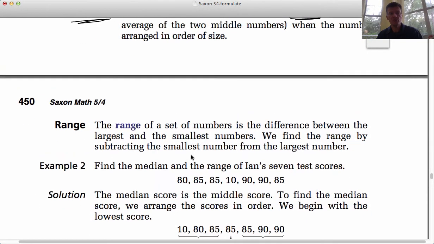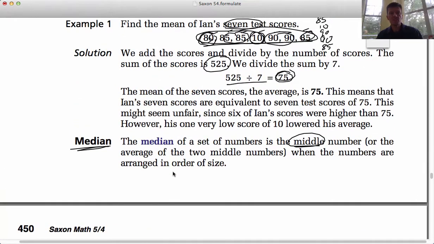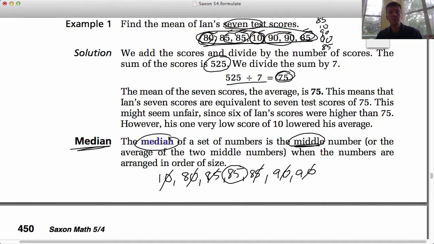So if I put these in increasing order: 10, 80, 85, 85, and if there are repeats, you have to write the repeats down, 10, 80, 85, 85, 85, then there are 2 90s. The way you do this is you cross one out at the front and the back, front and the back. And if you have one middle number, that would be your middle number, also called the median.